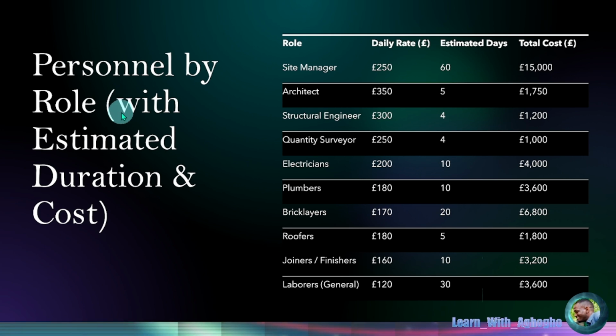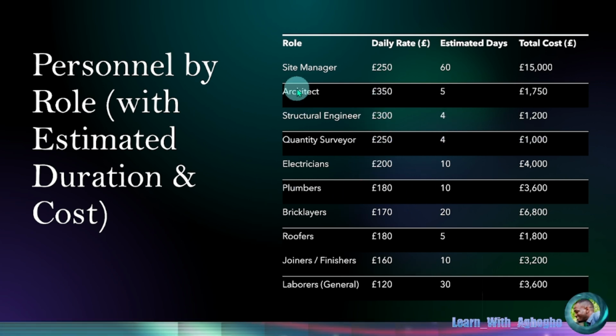And on here, we've got our personnel by role with estimated duration and costs. So for the site manager, we are looking at £250 per day, and we are looking at the period of the project, which is 60 working days. And for the architect, we are looking at 5 working days, a structural engineer 4 working days for these values.